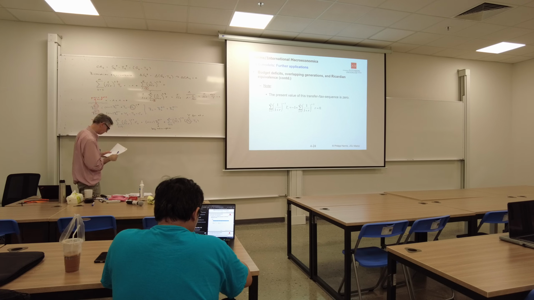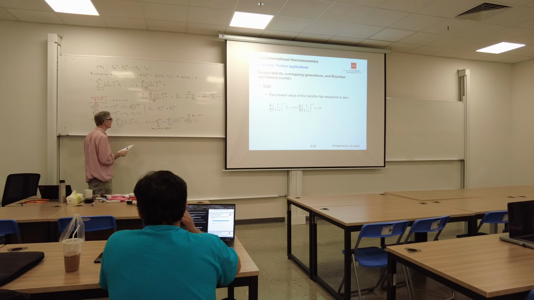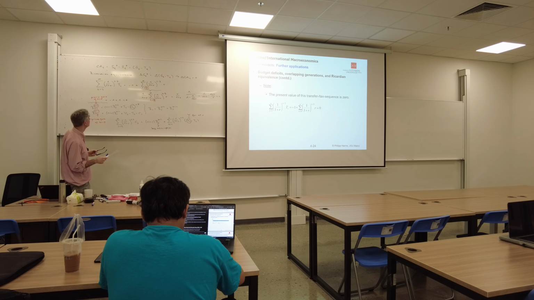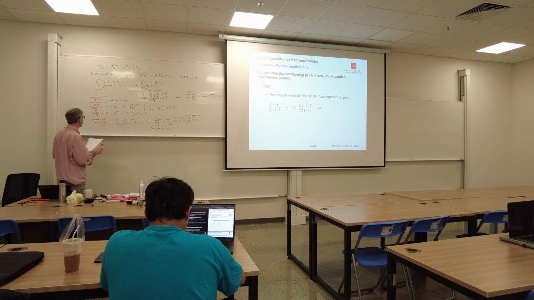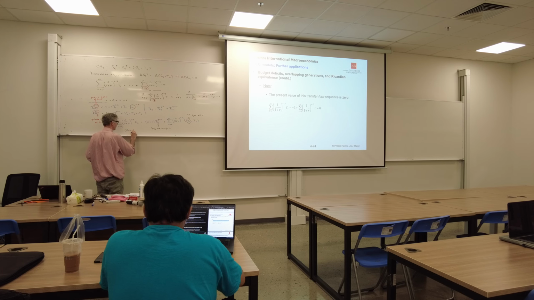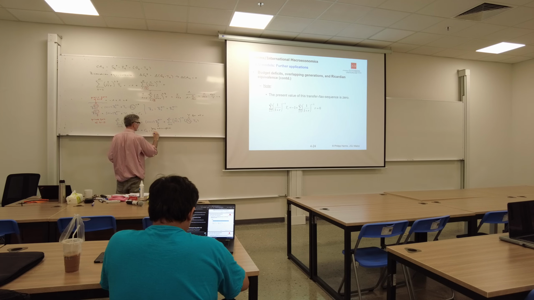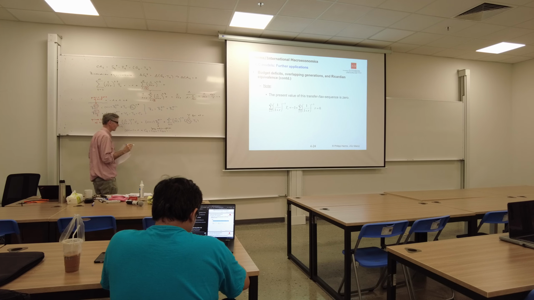Now, the assumption is beta times (1 plus r) equals 1. You know that this means that c_t equals c_{t+1} equals c_{t+2} equals dot, dot, dot.